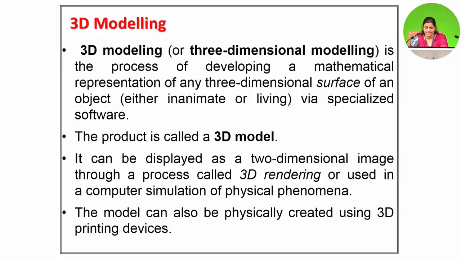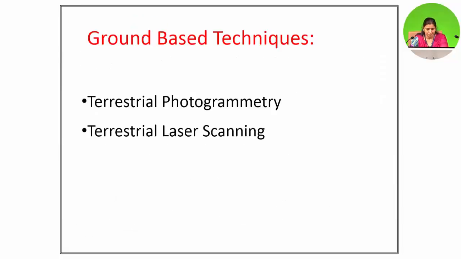As you must have seen in computer games and the multimedia industry, a lot of 3D simulations are carried out. The model can also be physically created using 3D printing devices. Nowadays we have 3D printers which can create a 3D model of the object.